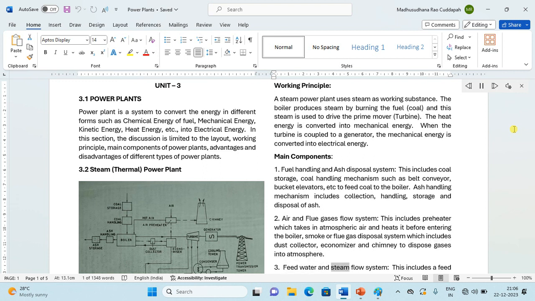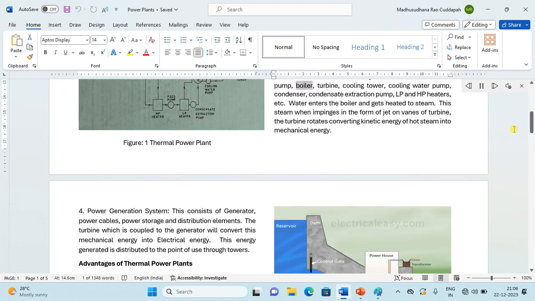3. Feed water and steam flow system. This includes a feed pump, boiler, turbine, cooling tower, cooling water pump, condenser, condensate extraction pump, LP and HP heaters, etc. Water enters the boiler and gets heated to steam. When this steam impinges in the form of a jet on the vanes of the turbine, the turbine rotates, converting kinetic energy of hot steam into mechanical energy. 4.